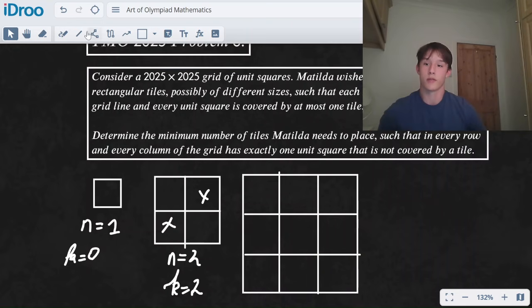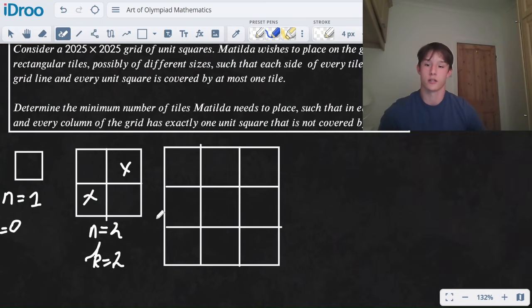Okay, we have a 3 by 3 board, and the crosses are basically the unit squares that we don't want to be covered by a tile. There are two ways to cover it. It all comes down to the fact that there must be one cross in a corner, because without that there's a contradiction.